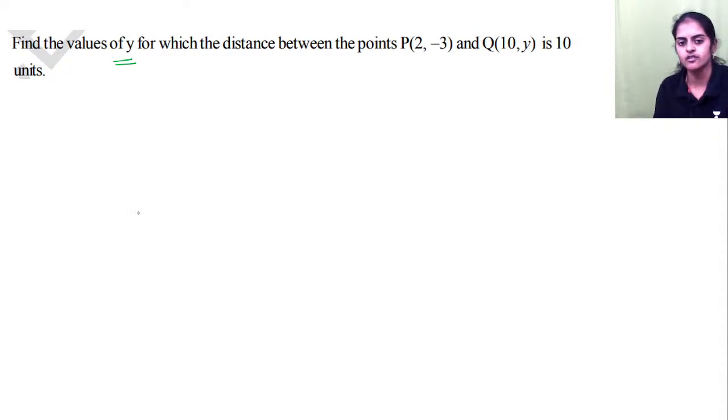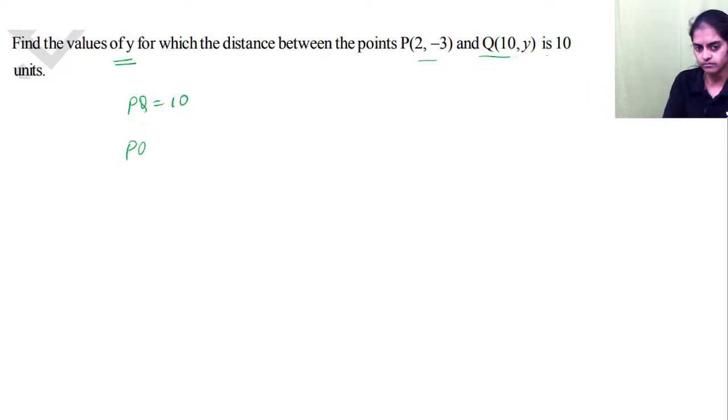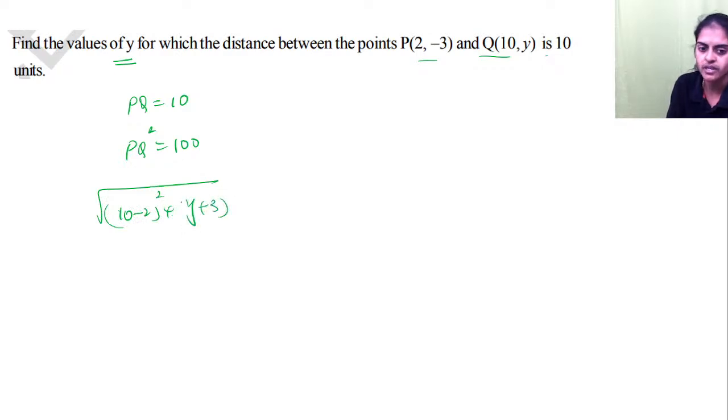See here. So again distance formula only. Here it is given the distance between PQ is 10. So PQ square will be 100. So (10 - 2) whole square plus (y + 3) whole square equals 100.